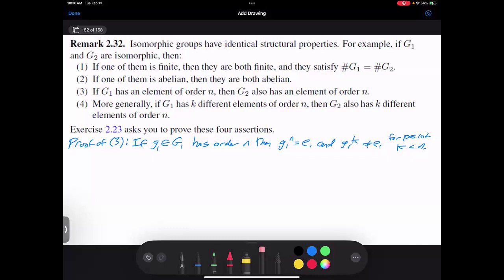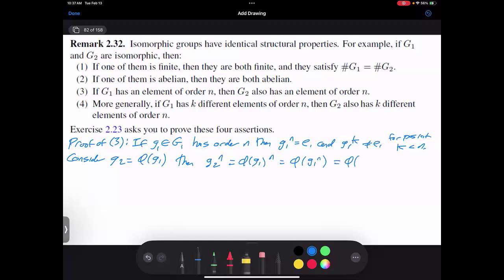So let's consider g2 equals phi of g1. Again, this is a natural thing to look at. Then g2 to the n is phi of g1 to the n, which is phi of g1 to the n.